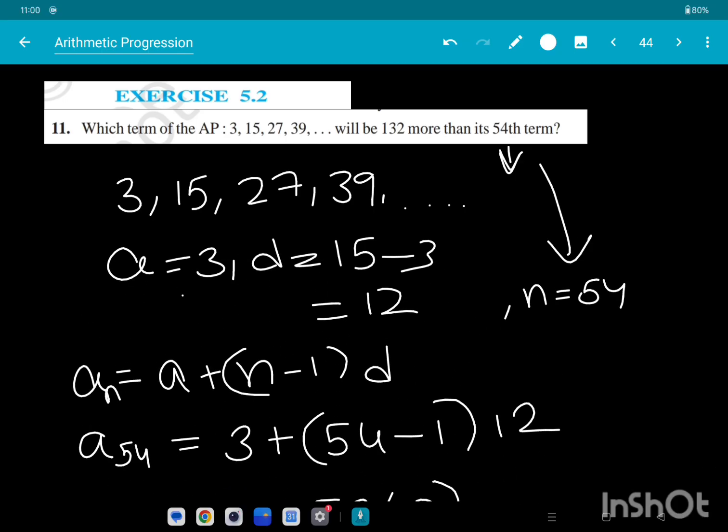We need to find the 54th term first, then add 132 to it, because they didn't give the direct value of the 54th term. They said to add 132 to the 54th term, then find which term that number is. This is the way we find it. It is the 65th term.